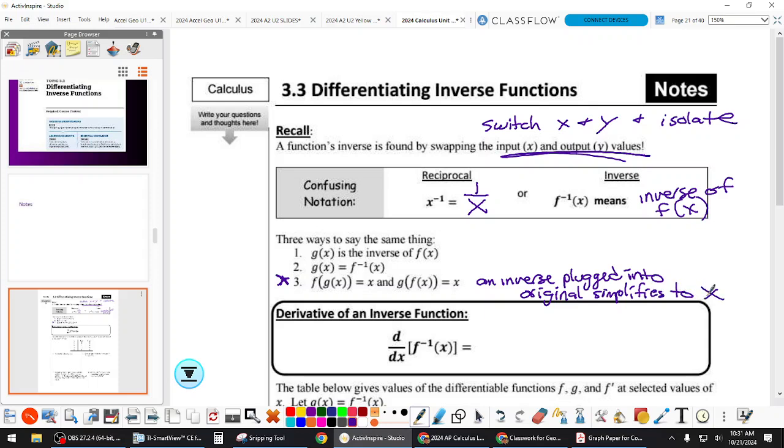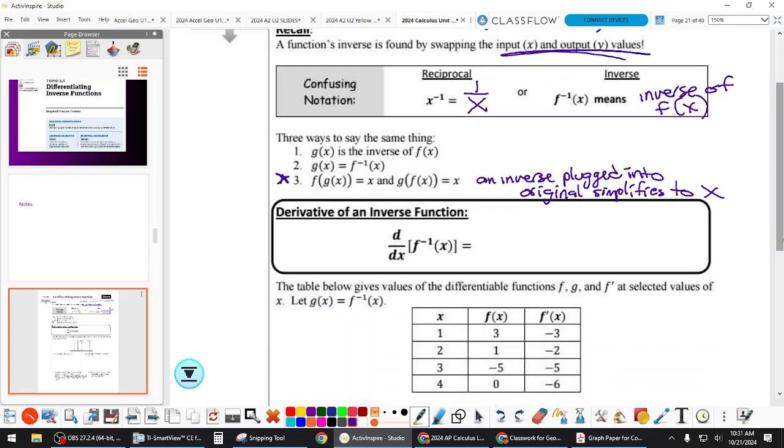In fact, that was one of the ways that you could check to see if functions were inverses. So, anyway, the derivative of an inverse, you're just going to have to memorize this, which means the more times you write it, the better chance you have of memorizing it.